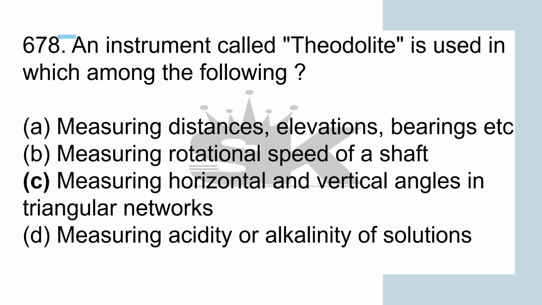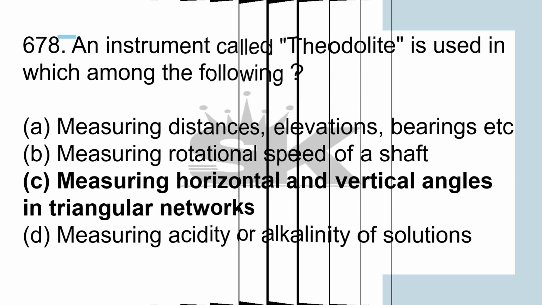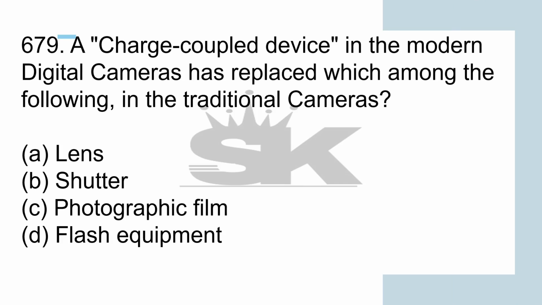So here the answer is measuring horizontal and vertical angles in a triangular network. A charge coupled device in modern digital cameras has replaced which among the following in traditional cameras? That is photographic film.